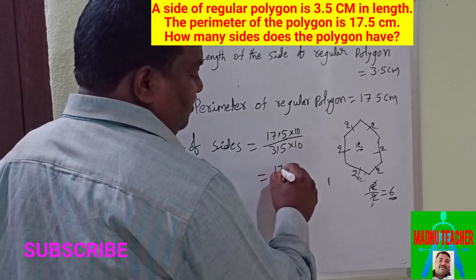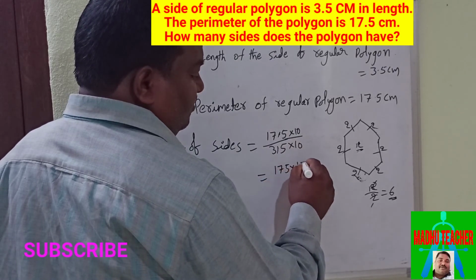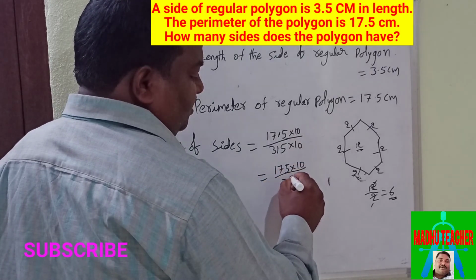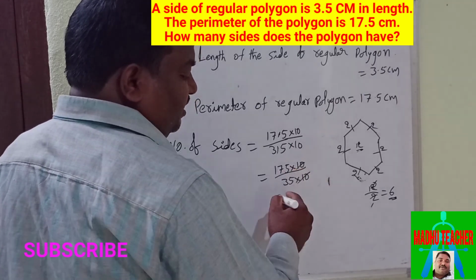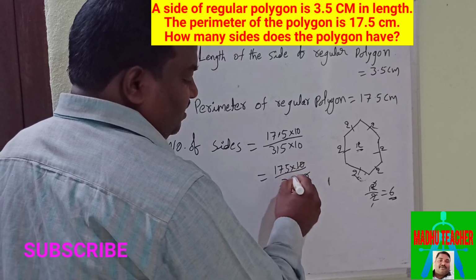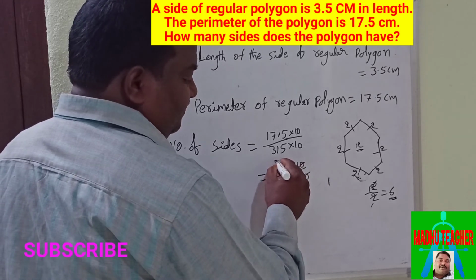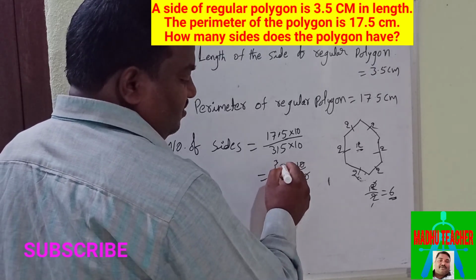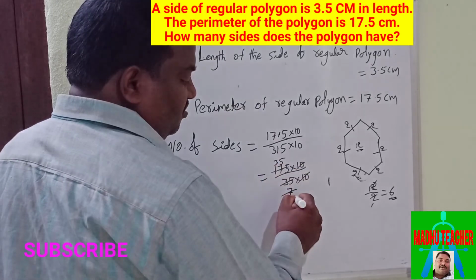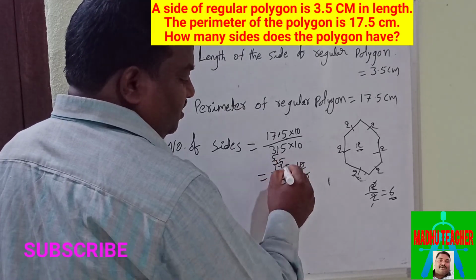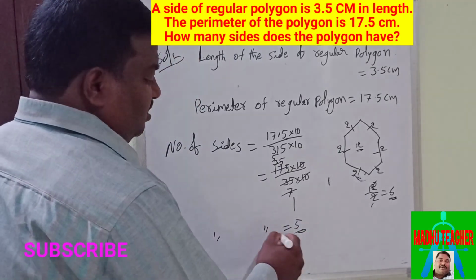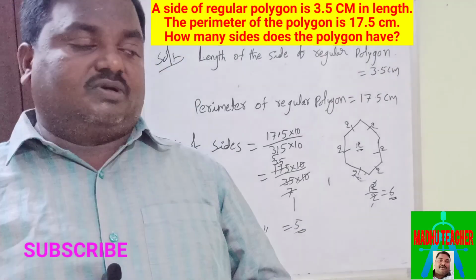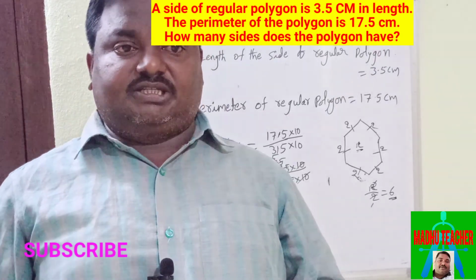So 175 into 10 by 35 into 10. 10 get cancelled. 5 7s are 35. 5 3s are 15. 2 remainder. 5 5s are 25. 7 1s are 7. 7 5s are 35. That equal to 5. Number of sides equal to 5. Okay. This is exercise 6.